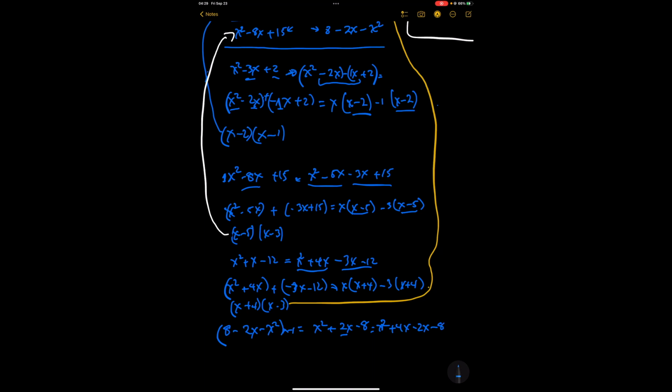And now will be x squared plus 4x plus negative 2x plus 8. So that would be now x plus 4 minus 2, and that would be x minus 4.